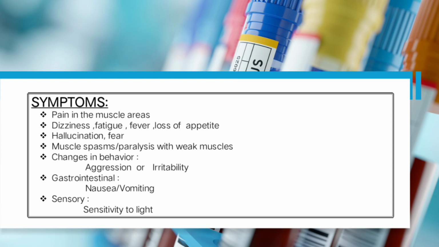He'll show changes in behavior like over irritation and aggression, and gastrointestinal problems like nausea, that is a vomiting-like sensation, or actual vomiting. Next, he'll be more sensitive to light, which is a sensory change.